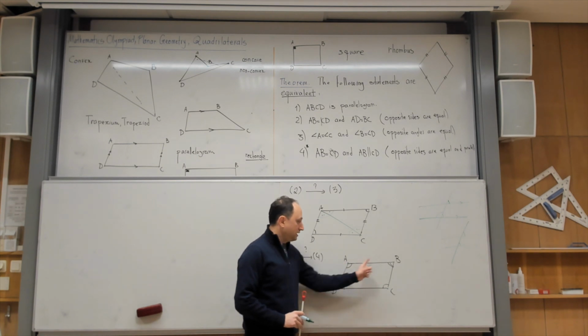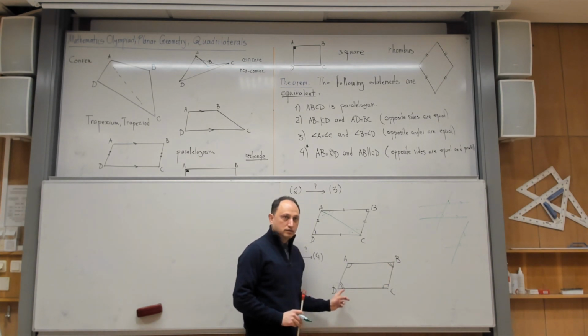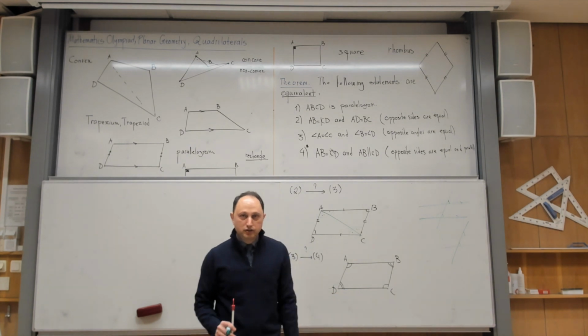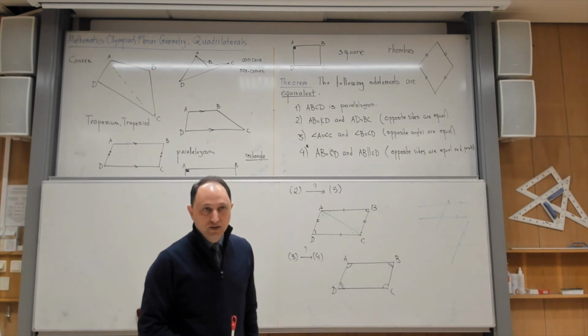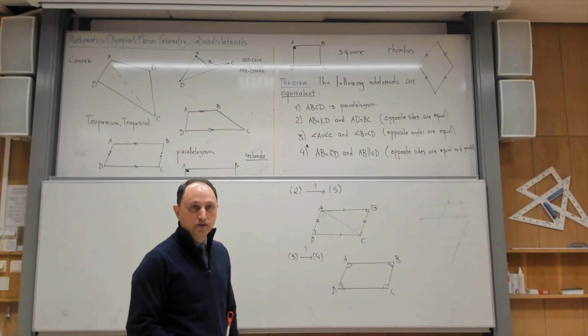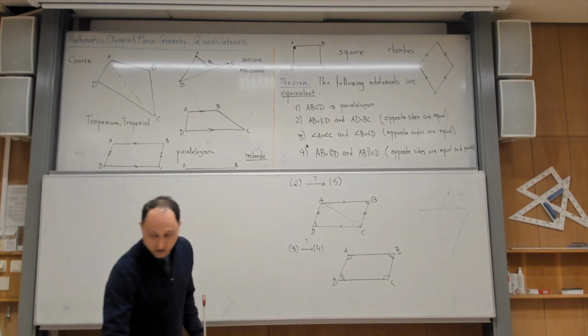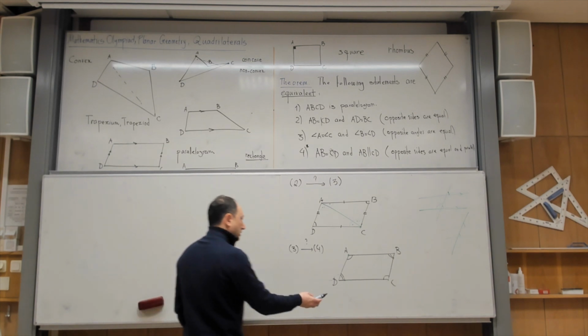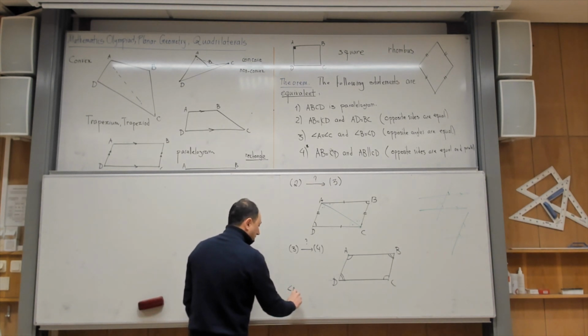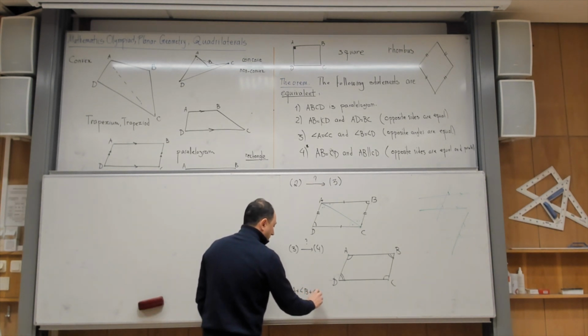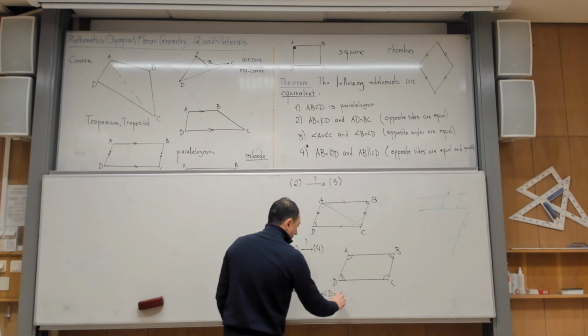Because we know that in every quadrilateral, whatever it is, the sum of the interior angles is 360 degrees. So whatever the quadrilateral is, parallelogram or not, I know that angle A plus angle B plus angle C plus angle D is equal to 360 degrees.